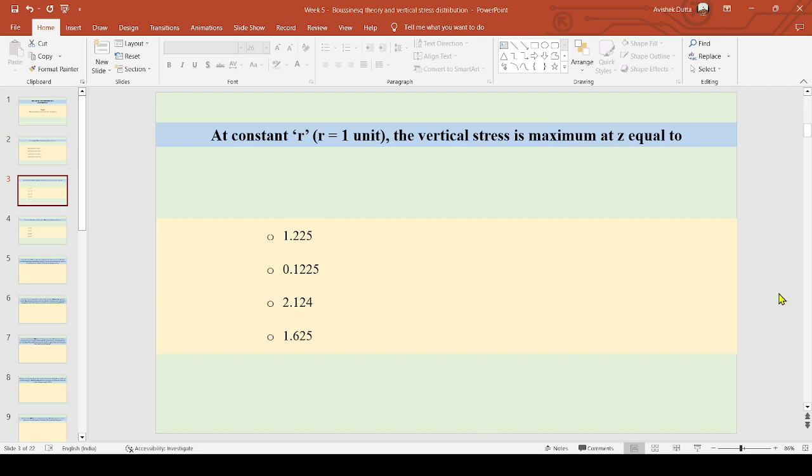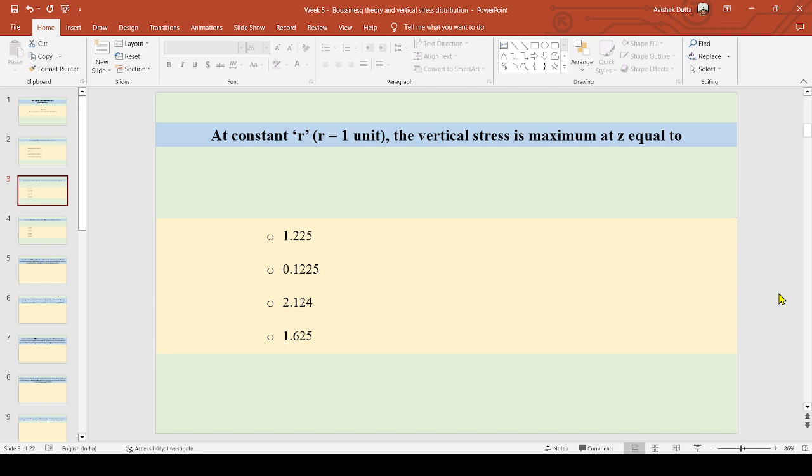At constant r, where r is the radial distance from the point of application of the load. At constant r equal to 1 unit, the vertical stress is maximum at z equal to, z meaning the depth.